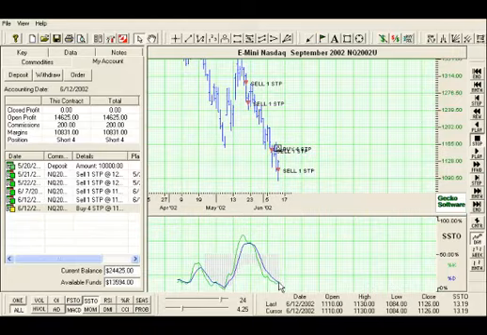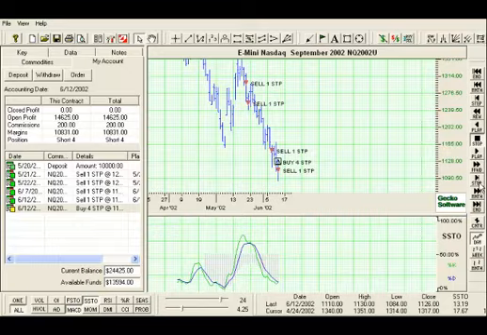But slow stochastic. See it down here? It's starting to turn back up, and it's in this oversold area. I'm going to be a coward. I'm going to bring my stops right down to here. So if it goes against me and breaks this high from yesterday, I'm out. And I'll make money on 1, 2, 3, and lose a little bit on that one.